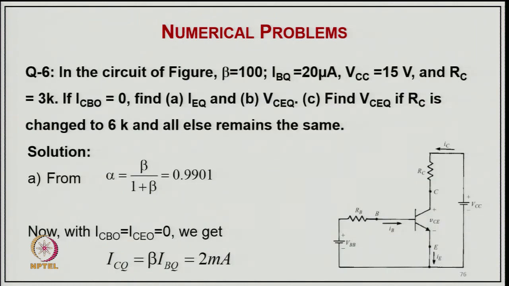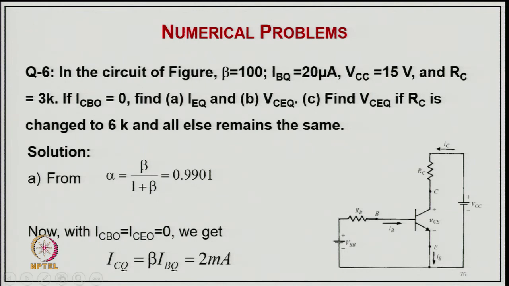Now coming to example 6, in the circuit shown here of this transistor with the emitter configuration, beta is 100 and IBQ is 20 microampere, VCC is 15 volt, and RC is 3 kilo ohm and ICBO equal to 0. Find A, IEQ, B, VCQ, and C, find VCQ if RC is changed to 6 kilo ohm and all else remains the same.